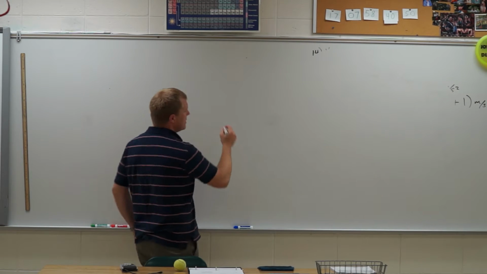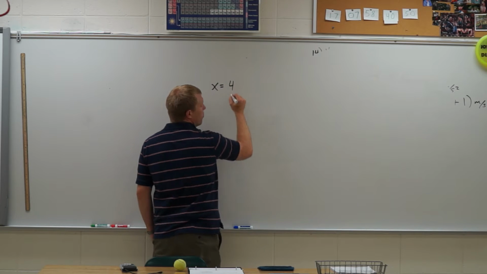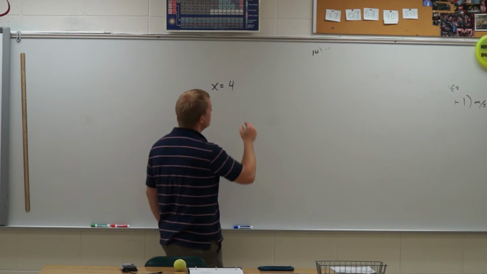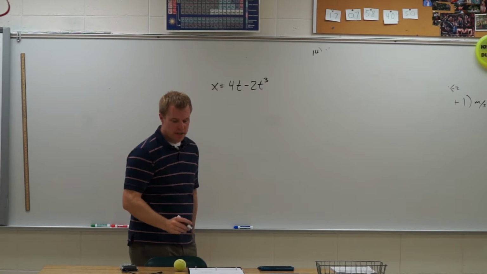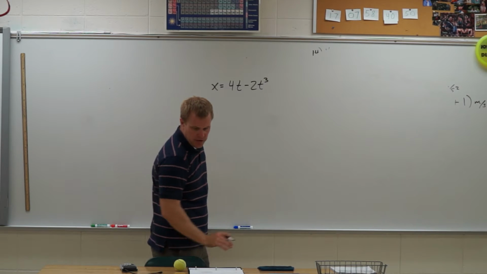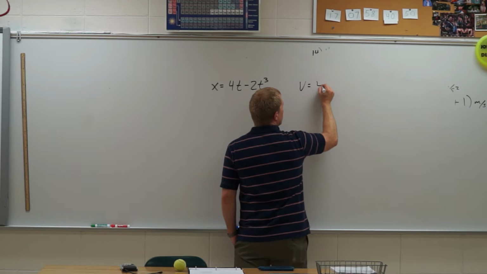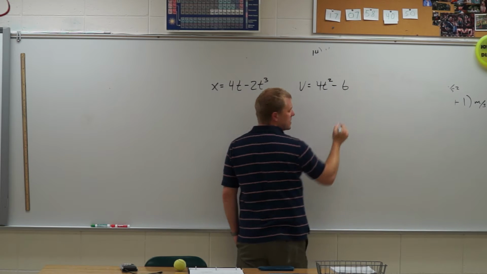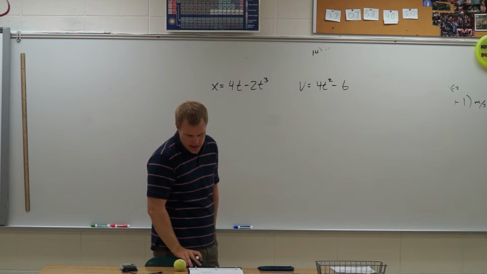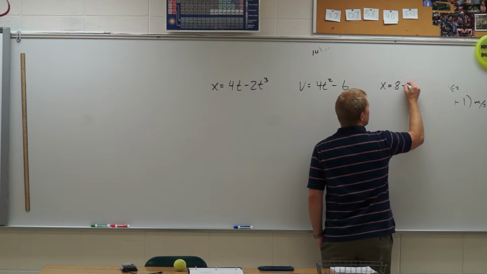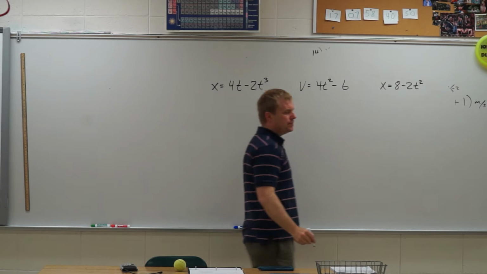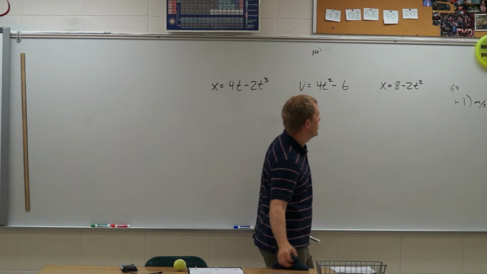So x is equal to 4t minus 2t cubed. Then v is equal to 4t squared minus 6, and x is equal to 8 minus 2t squared. I got a little extra to erase here, I guess.